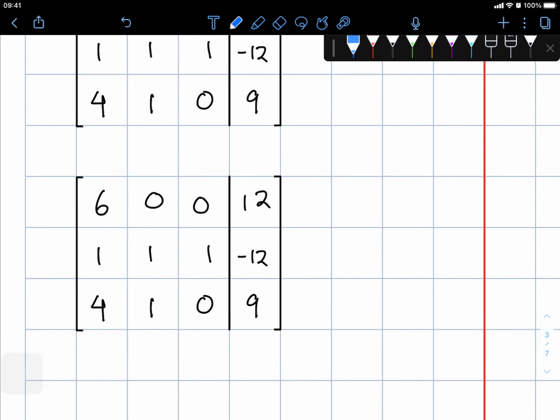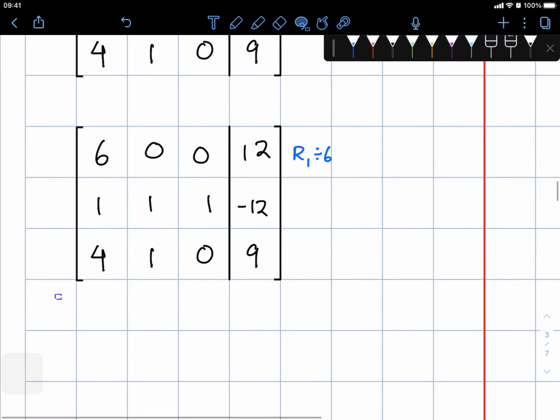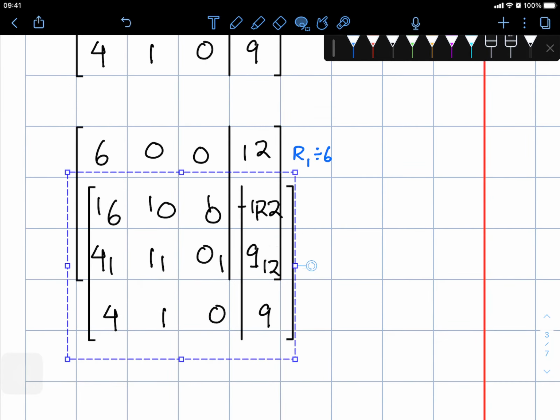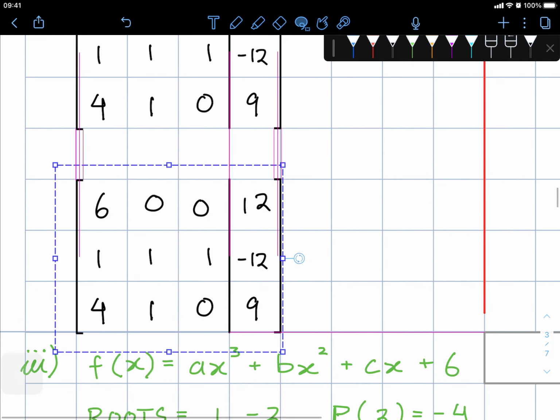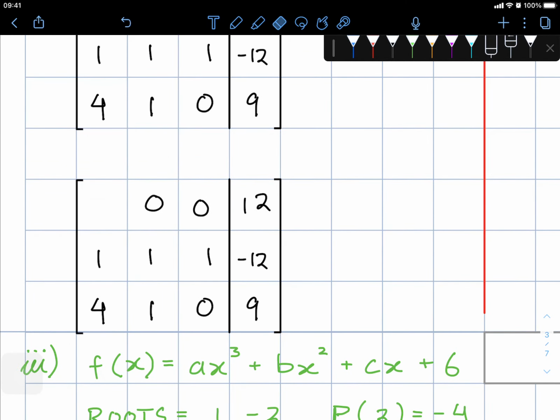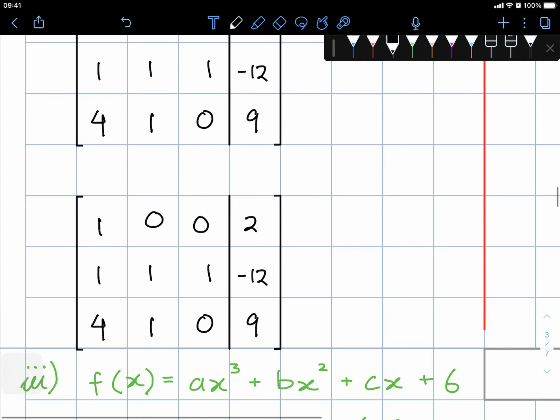That's a very neat number, because now I can take row 1 and divide it by 6. This will give me 1 here, and this will give me a 2. From here, I can also see I can do the following operations.